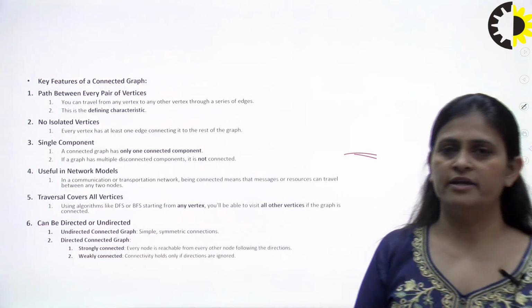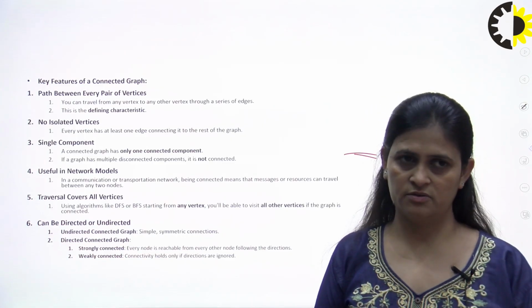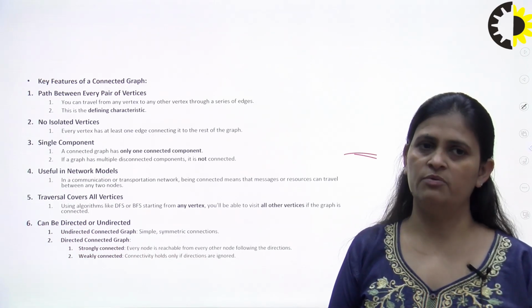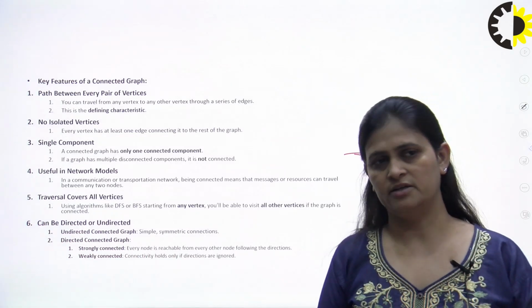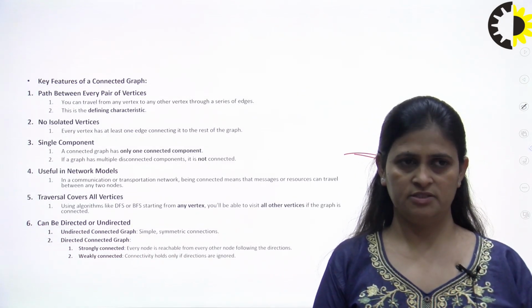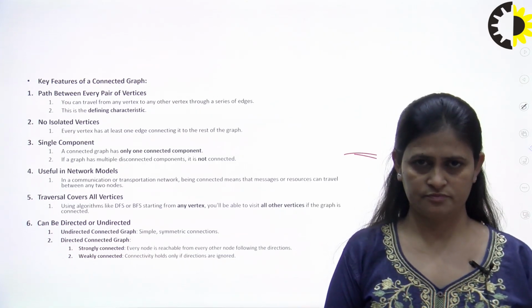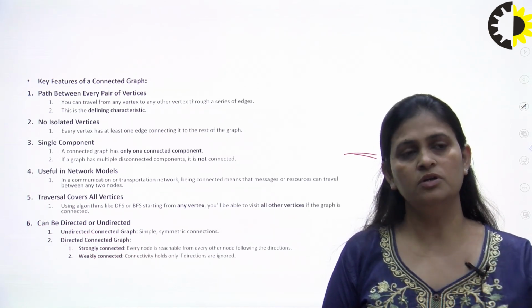Using algorithms like DFS and BFS, depth first search and breadth first search, starting from any vertex you will be able to visit all other vertices if the graph is connected.